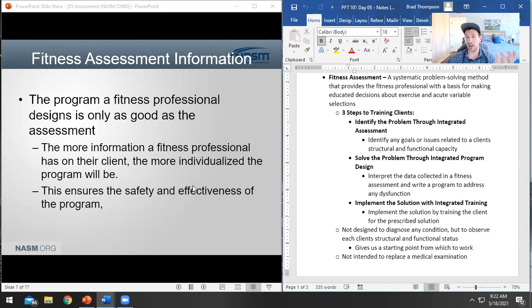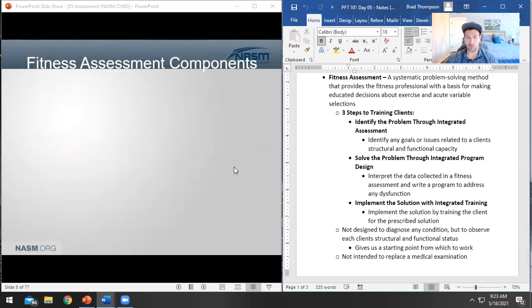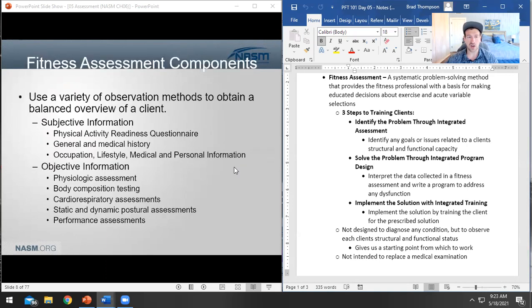If your client has, let's say, severe arthritis, maybe lunges are not exactly the best exercise in the world for that person, so we have to look at that. And then we also want to look at effectiveness. If we know that our client doesn't have a good capacity to grow in a specific area, that's something we need to adjust. So we're going to use a variety of observations, a lot of different types that we're going to apply.